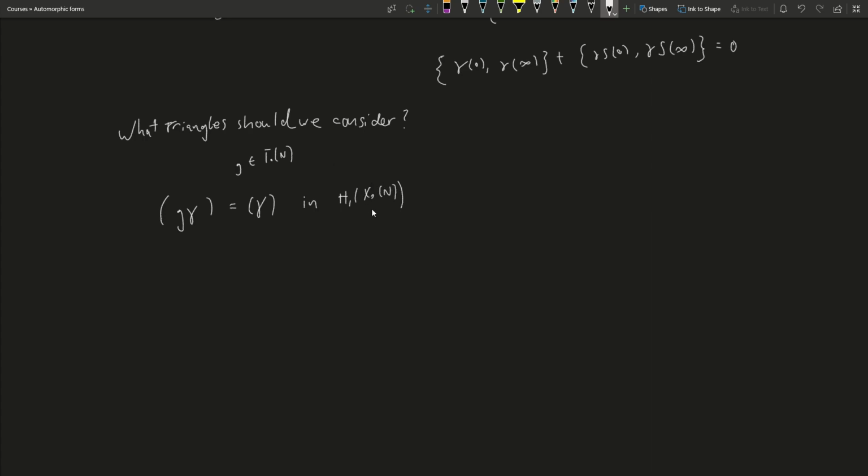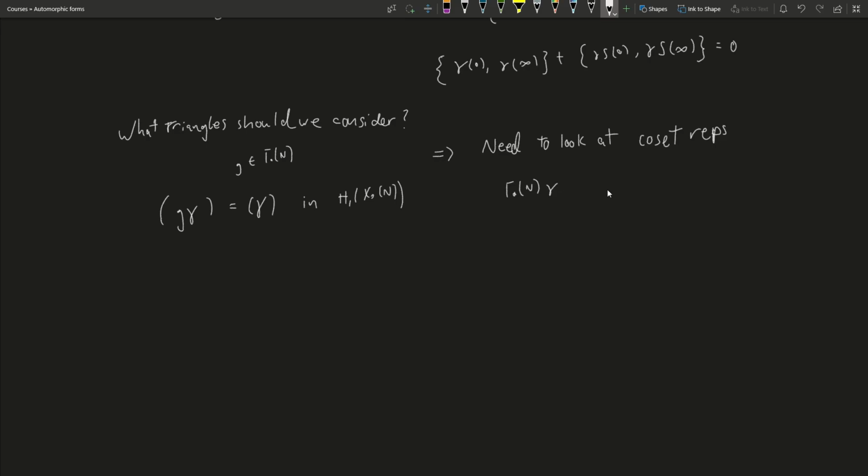And so it's the same point in this quotient, X naught of N. What this means is that we need to look at coset representatives, gamma naught N gamma. I don't know if people call this left coset or right coset, but cosets of this form, right?